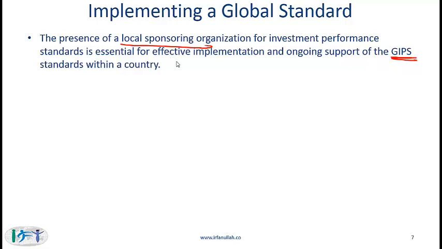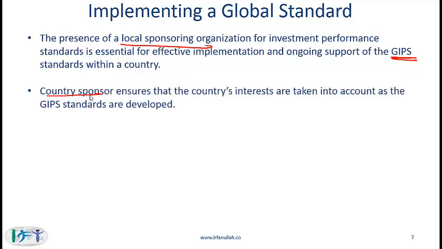In Pakistan, for example, the CFA Association of Pakistan is the local sponsor. The curriculum lists local sponsors in other parts of the world. A country sponsor ensures that the country's interests are taken into account as the GIPS standards are developed.